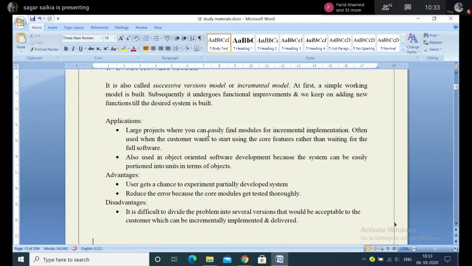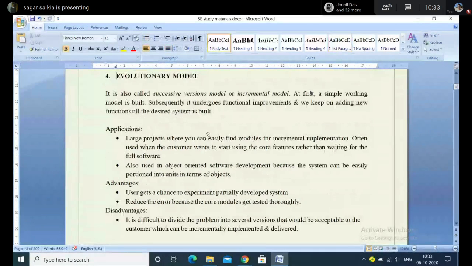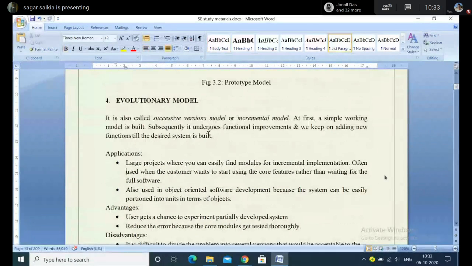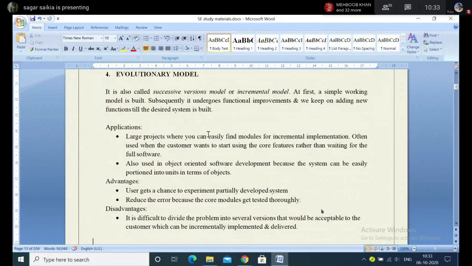What is the disadvantage? It is difficult to divide the problem into several versions that would be acceptable to the customer, which can be incrementally implemented and delivered.